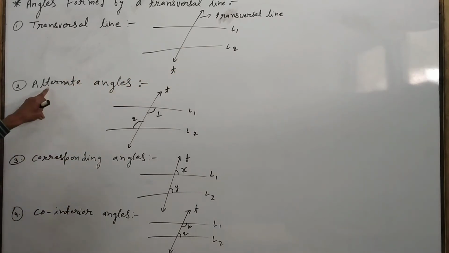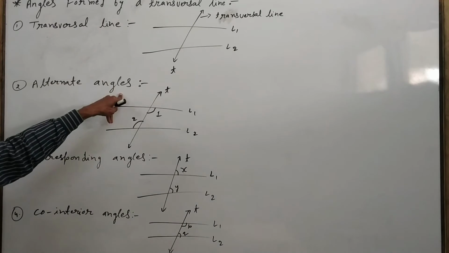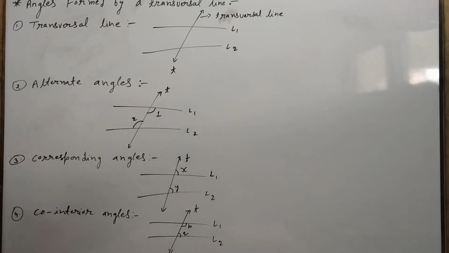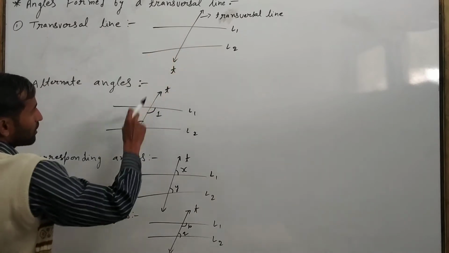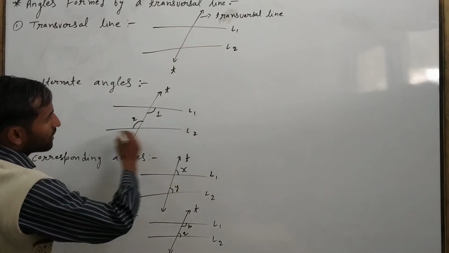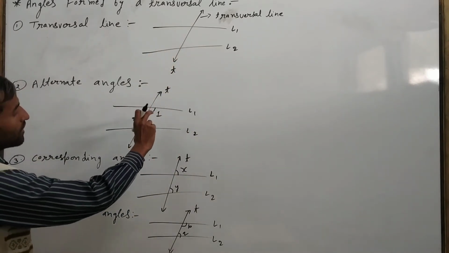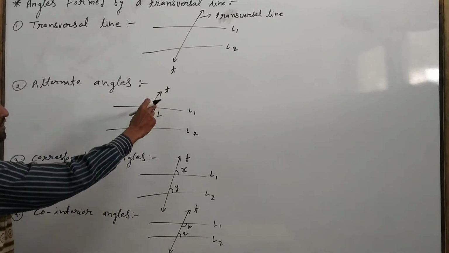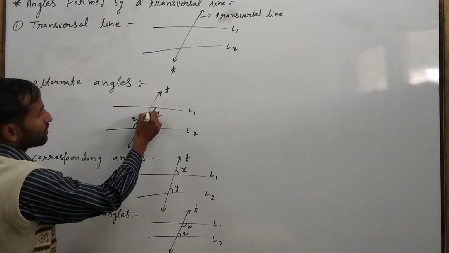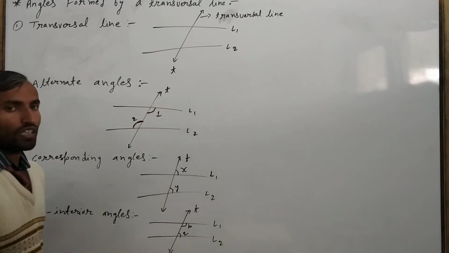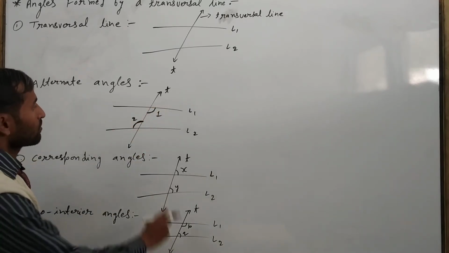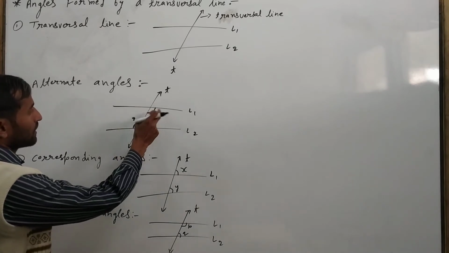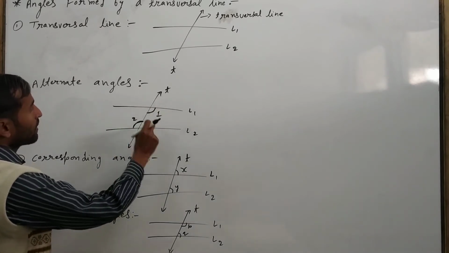First one, alternate angles. Which one is called alternate angles? I have drawn the same figure here. So L1 and L2, two lines are there, and one transversal line, the third one, T. So this angle and this angle are called alternate angles. Means they are inside the lines.